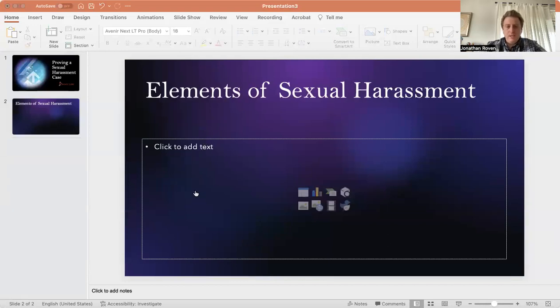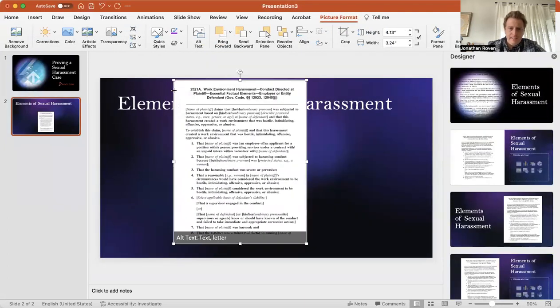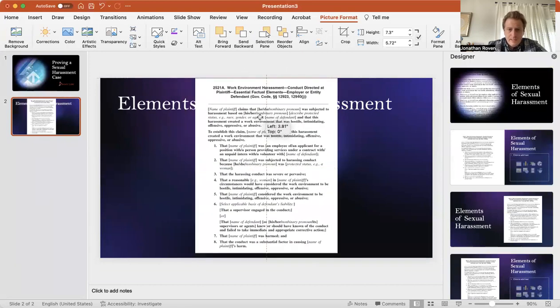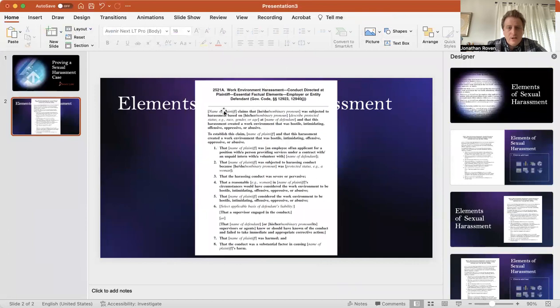So there are several different types of sexual harassment. I am going to be focusing on not quid pro quo, but just general basic sexual harassment. So the elements are that the plaintiff, and this is called the jury instruction, it's actually pronounced Casey, CACI, and it's jury instruction 2521A.